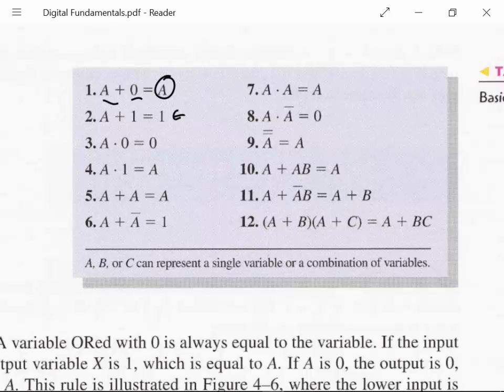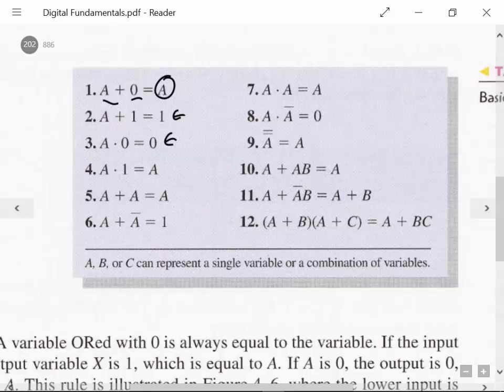If we use the OR function with A, and we're ORing it with something we know is a 1, the output is always going to be 1. And that goes back to the definition of the OR function. If any of the inputs are 1, the output is going to be a 1.